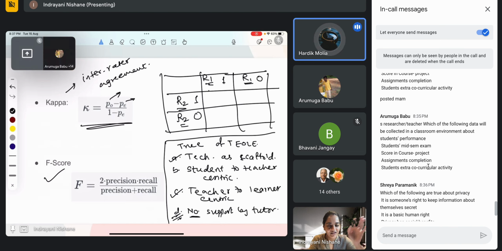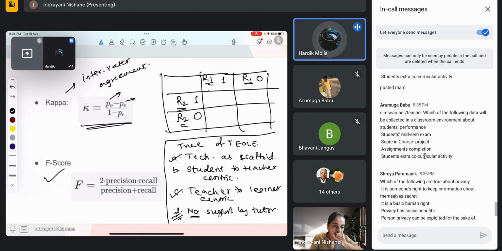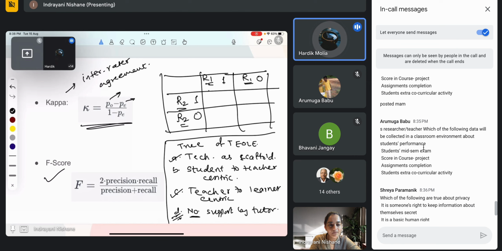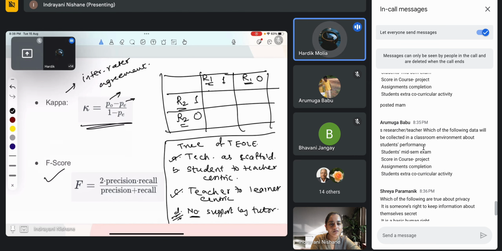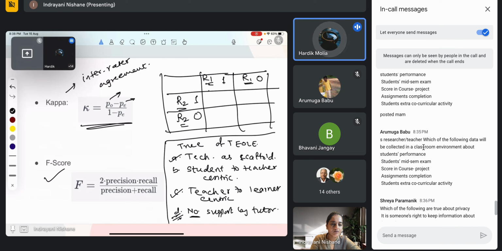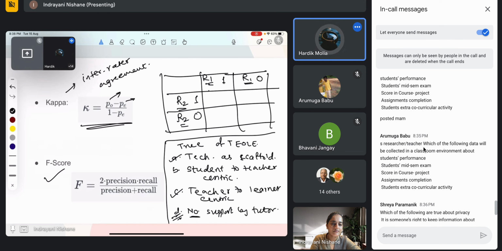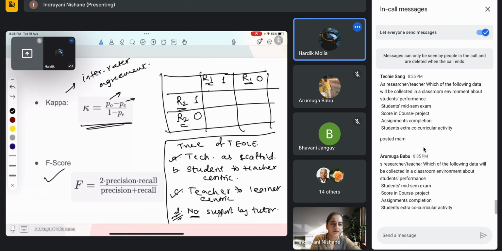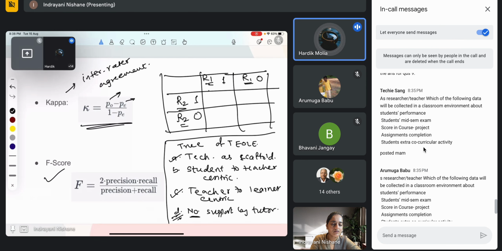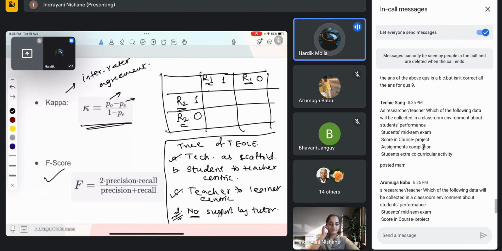Ma'am, there is one request. Because of such minor detailing, in many of the questions, even if one option is not selected, the entire score is 0. If you could reevaluate and allot partial scores, then the total score would be slightly higher.